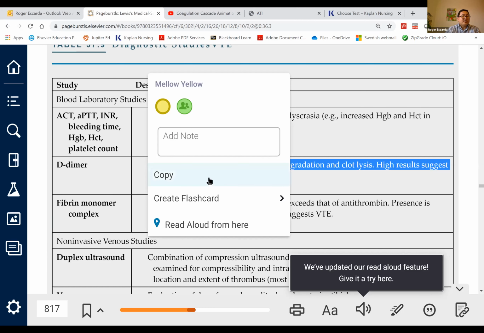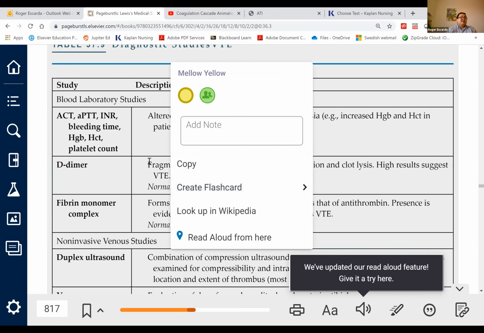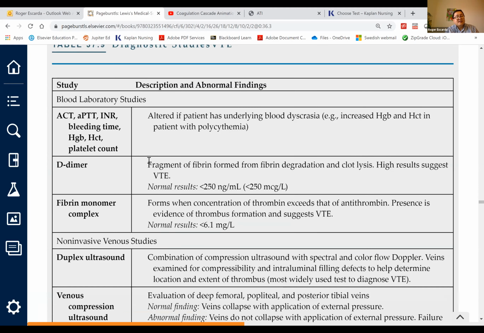What's the only way to confirm whether or not you have a DVT? The ultrasound. Only ultrasound. You have to find it. You have to get a visual. D-dimer is, remember the last step of the coagulation cascade after a clot is formed? What did we say the body does afterwards? The body dissolves it. So the evidence of the clot dissolution is a D-dimer.